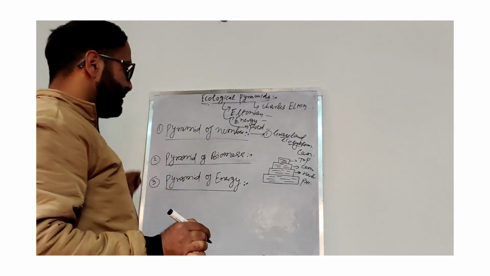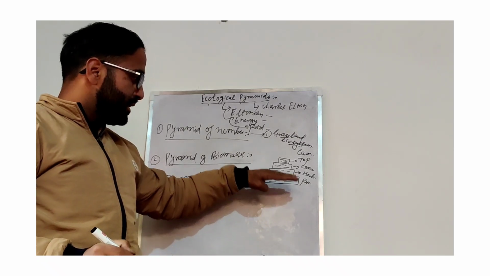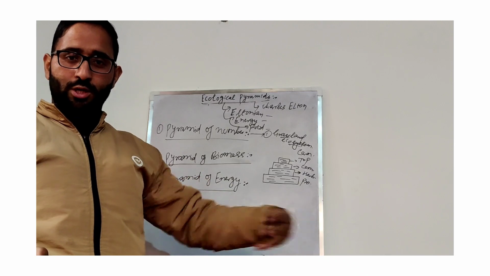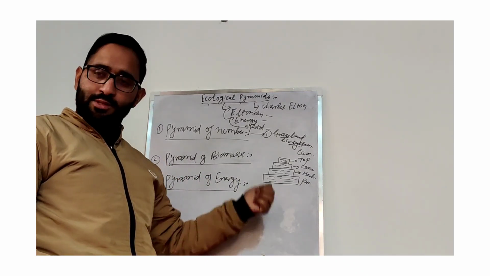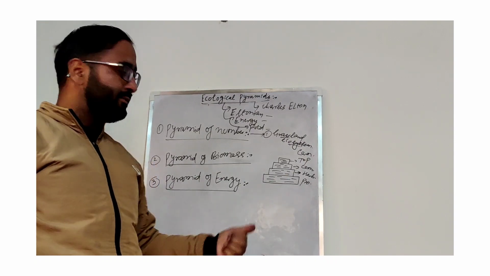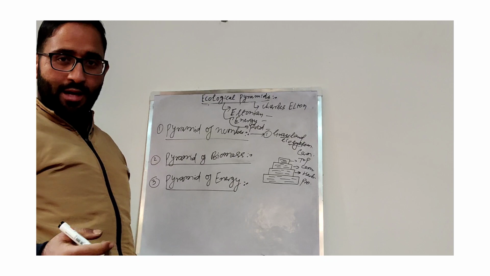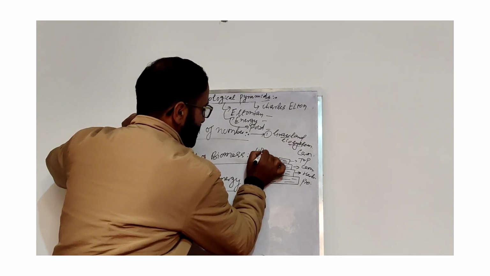As we are saying here, the number of organisms decreases as we move in a food chain. So the number of individuals keeps decreasing as we move in a food chain. This type of figure is called an upright pyramid.